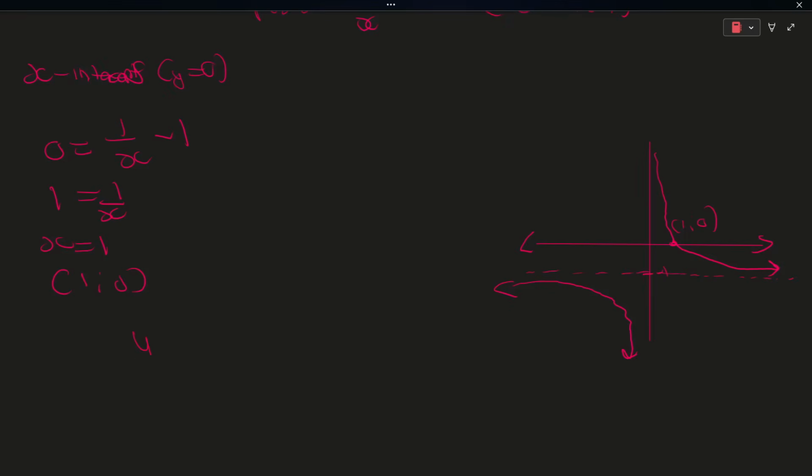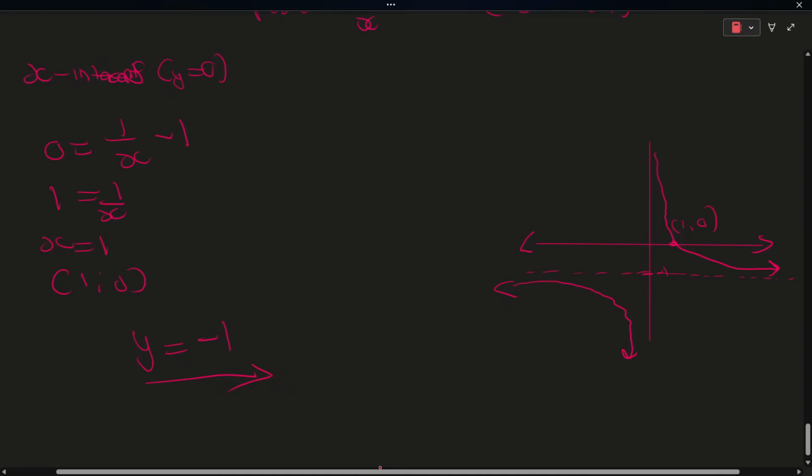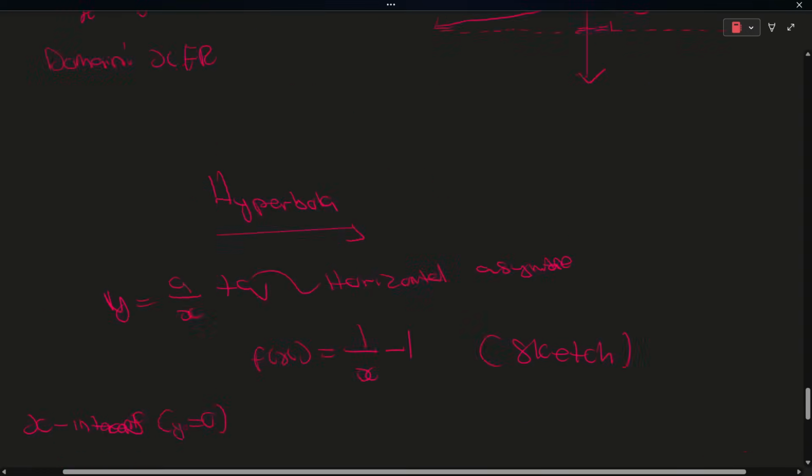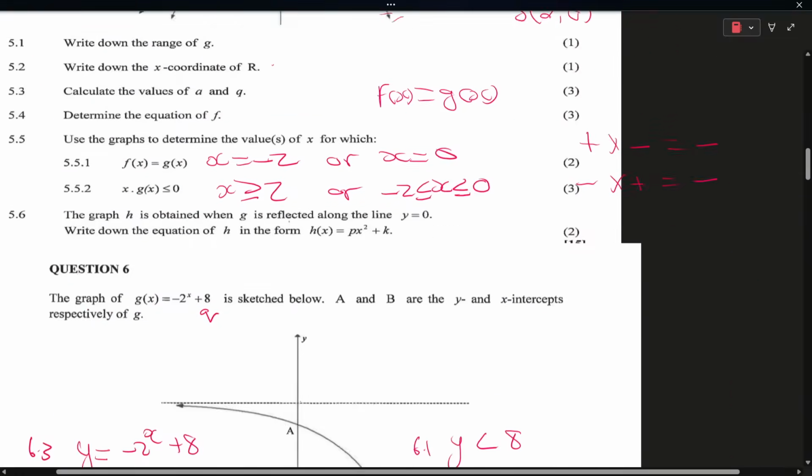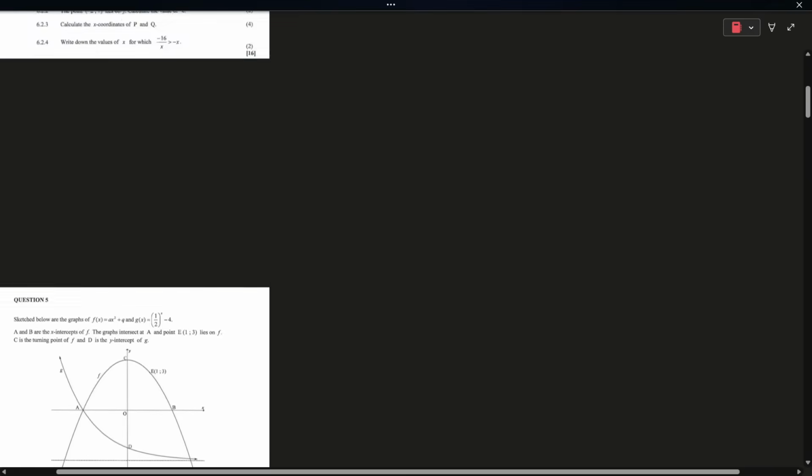So you are going to say y is equals to, what is the asymptote? Minus 1. That is your equation of asymptote. You see? So let's see what we have today in hyperbola.